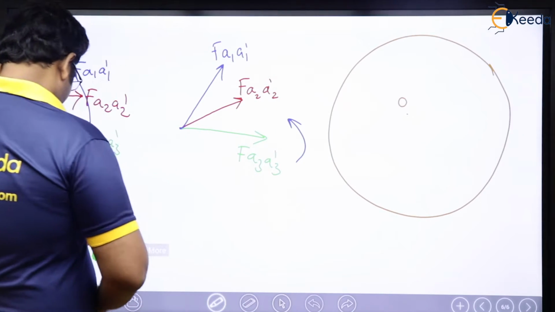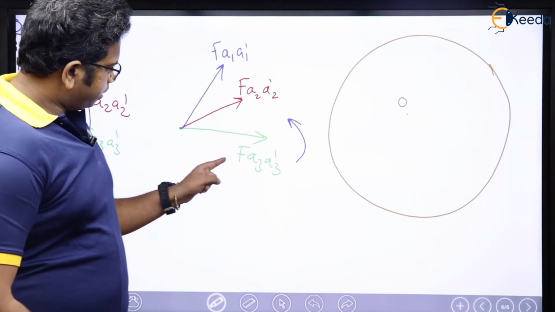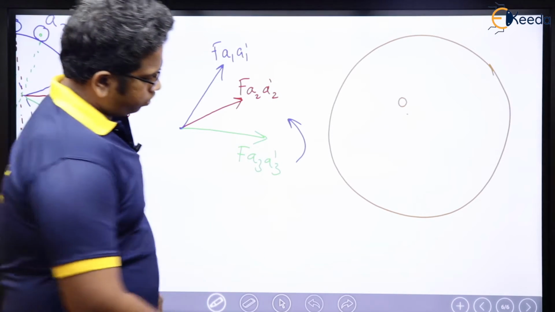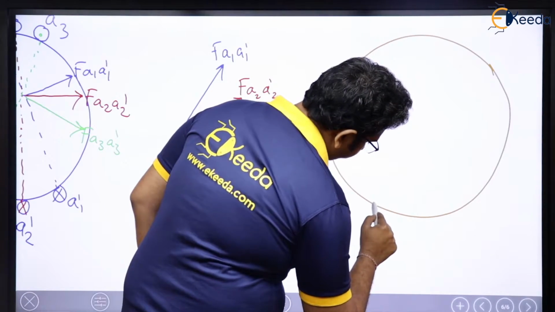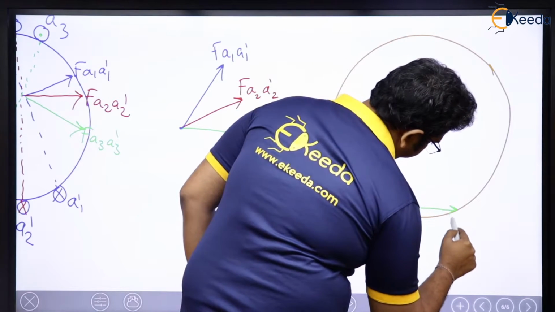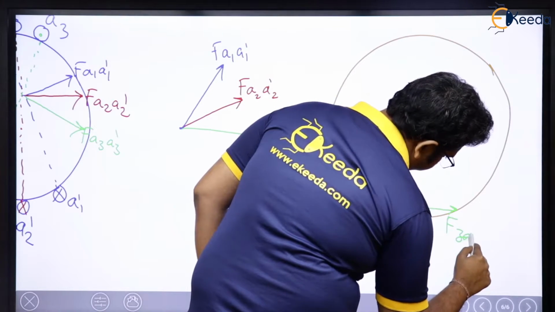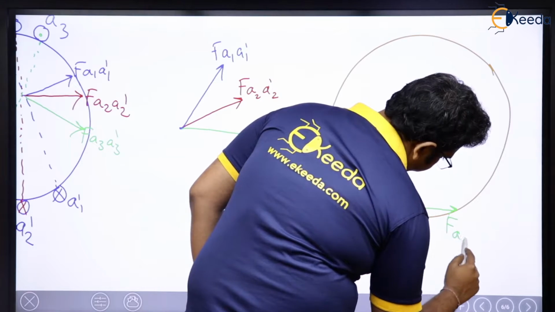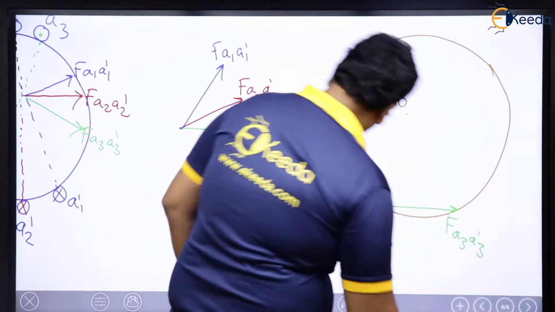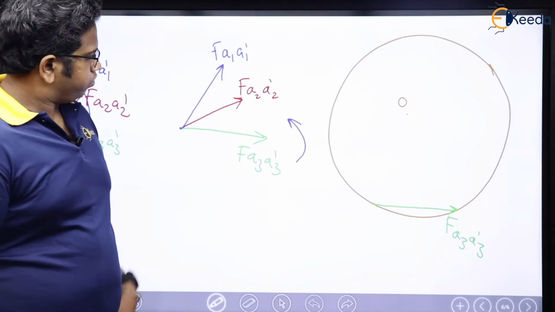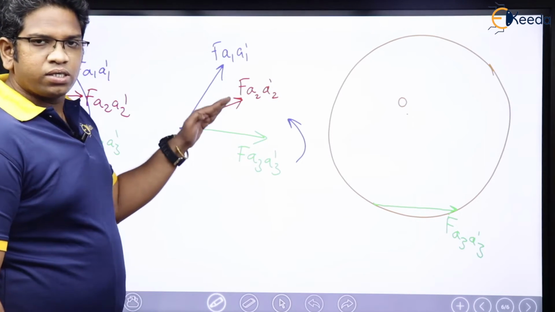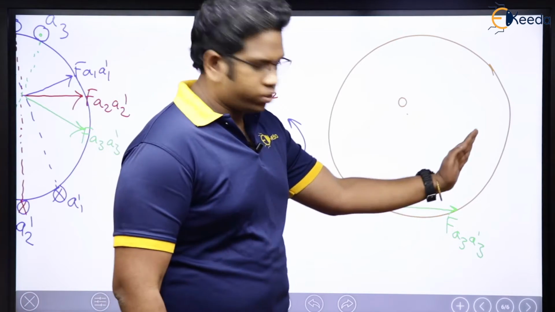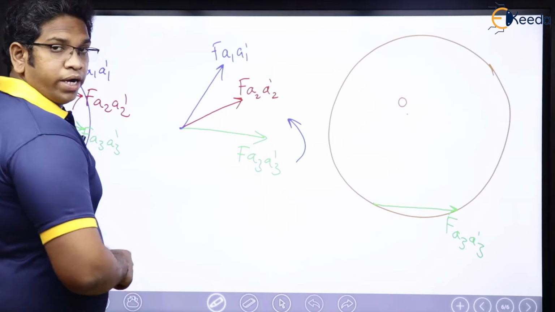Now I can show this F A3 A3 dash horizontal, right? So let me just show this horizontal this way. F A3 A3 dash is horizontal. Now this is going to be a bit slanted upwards, right? A bit upwards this way, so that I can show F A2 A2 dash.